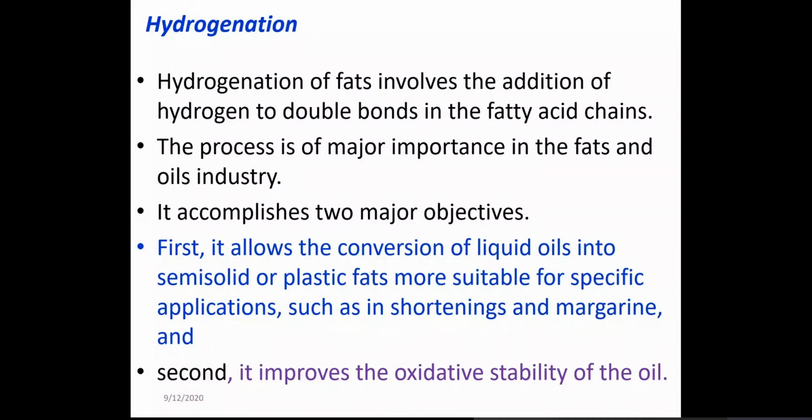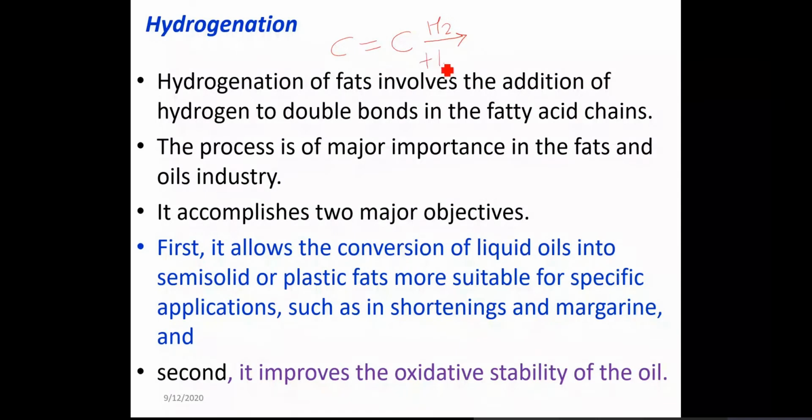Hydrogenation of the fat. Hydrogenation means you are adding hydrogen. We know that hydrogenation means addition of hydrogen to a double bond. Fatty acids have carbon-carbon double bonds.